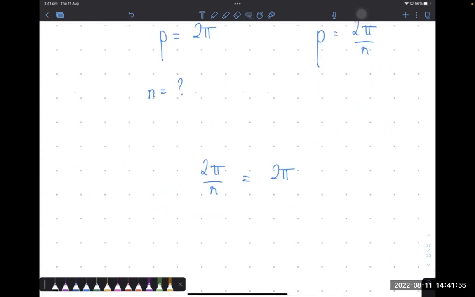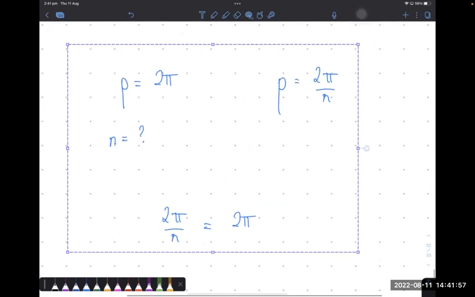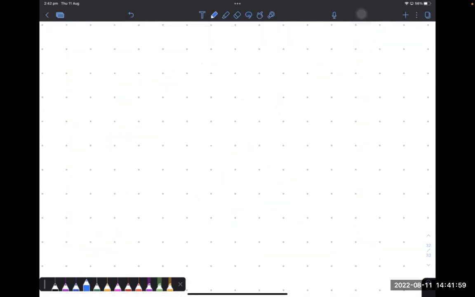Okay, I'll ask you another question. If my period, this is just a puzzle, is 24, like 24 hours, and my graph was a sine, what would my n value be?